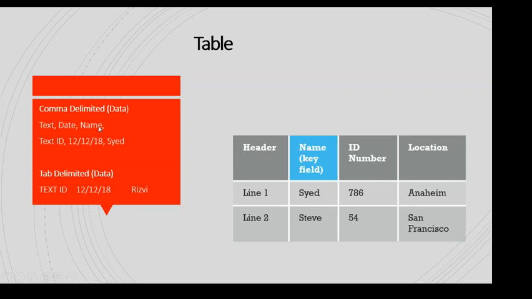So text ID, comma, date, and then comma, name. That is comma delimited data saved on the computer system. Some programs use that, some programs use tab delimited. So for example, text ID, tab, date, and there's a tab.